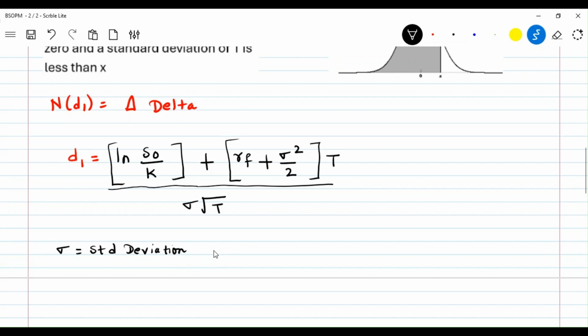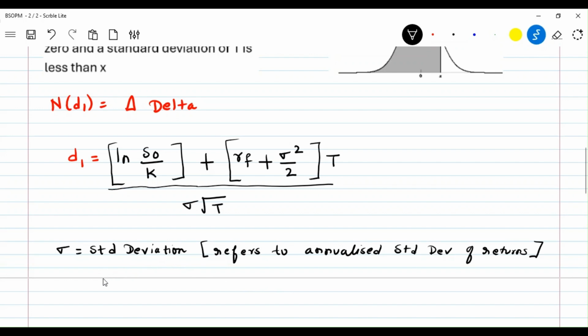And in any of these standard deviations, it always refers to an annualized standard deviation of returns, right? But when we are dealing with a time period, in our example, you may have a time period of 3 months, 6 months, 9 months.